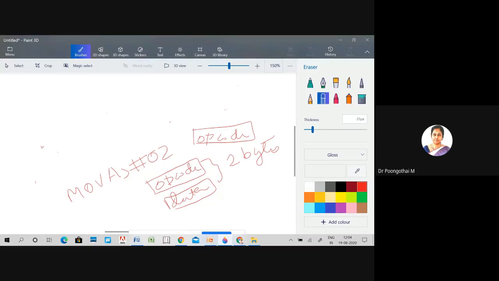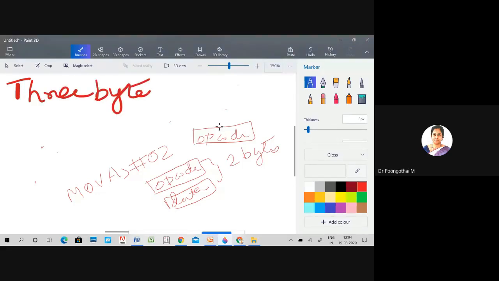So next 3-byte instruction. So 3-byte instruction, for example, move dptr comma hash 4500.